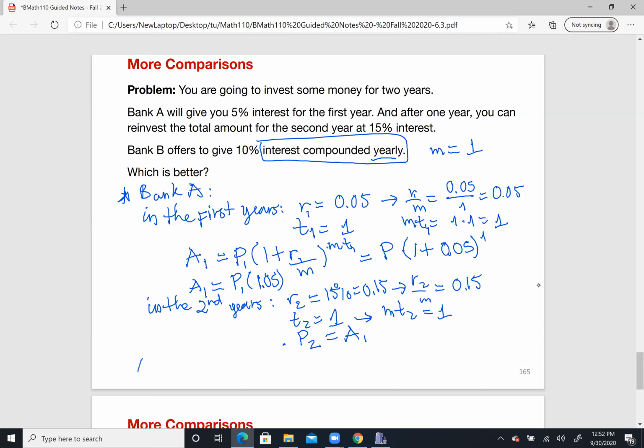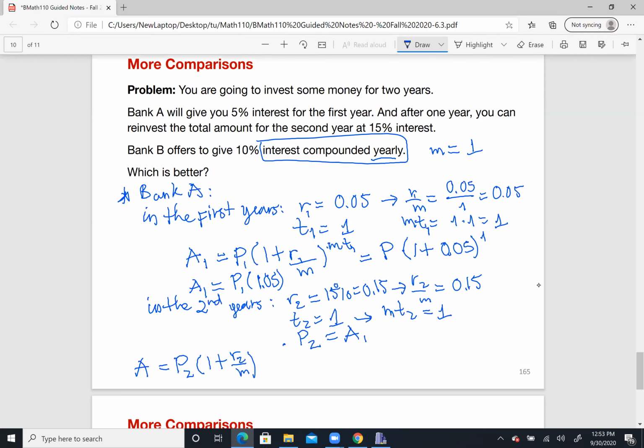So A2 gonna be equal to P2 times with, actually A in here gonna be the final amount, right? P2 times with 1 plus R2 over M to power M T2. So that's gonna give me P2 is A1.